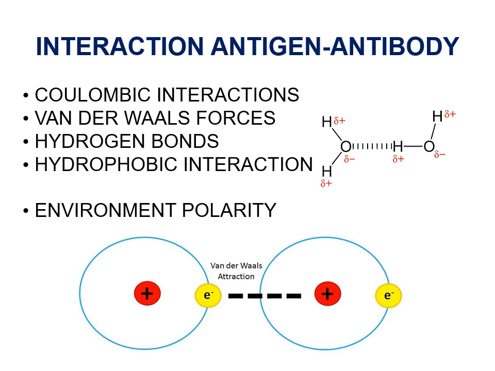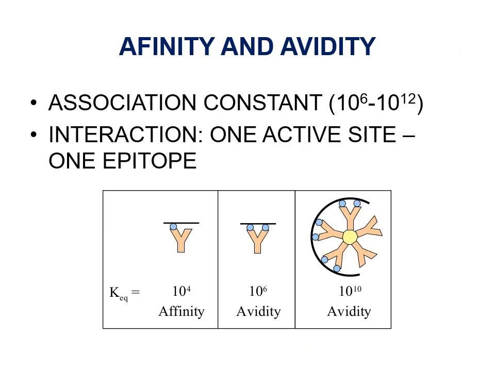Here we can see the interaction of antigen and antibody: van der Waals attraction, but the most important are hydrogen bonds and hydrophobic interactions, which actually choose the specific part of the surface of the pathogen which they bind to. Here is again the hydrogen bond, but among two water molecules. Affinity and avidity: the association constant is 10^6 to 10^12, and the interaction usually involves one active site, which means one epitope.